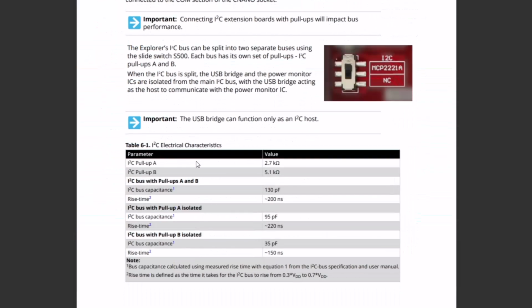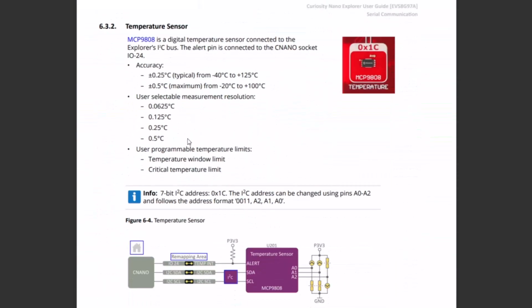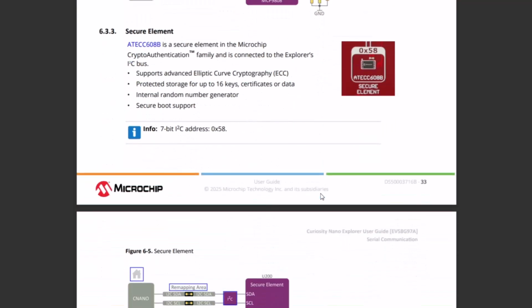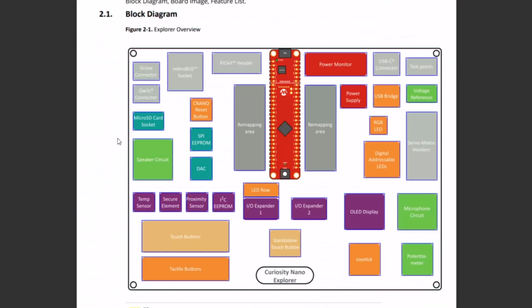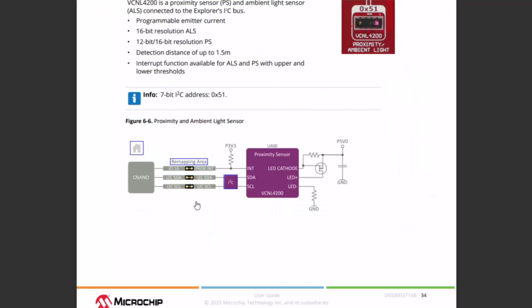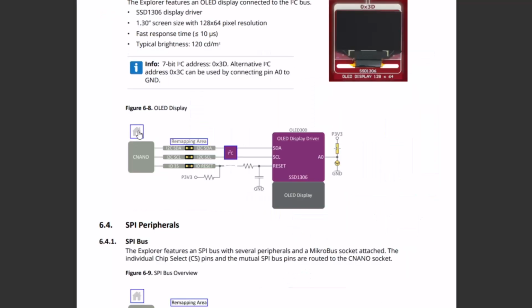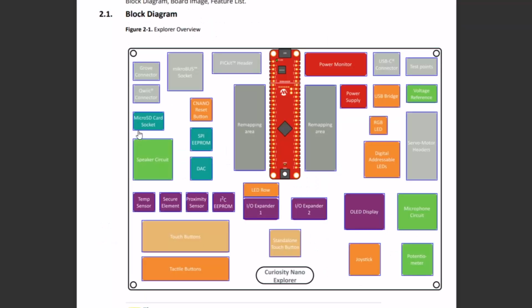And next to any of these items on the bus, like the temperature sensor, you can see a little home icon. So that comes here, and we can dive into any of these items on the board very easily. So great job by the hardware team there on the documentation.